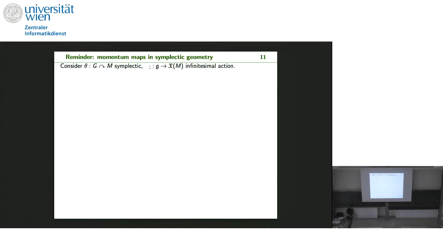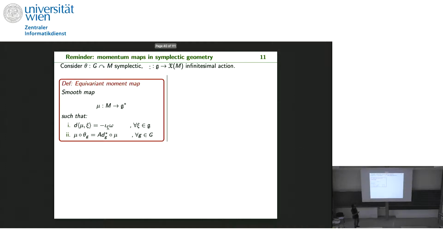So before talking about multisymplectic reduction, let me recap what reduction is in the symplectic setting. So let n be equal to 1, so I'm considering M to be one-plectic, or another term, symplectic. I call theta a smooth group action on M, and with this, I consider the corresponding infinitesimal action.